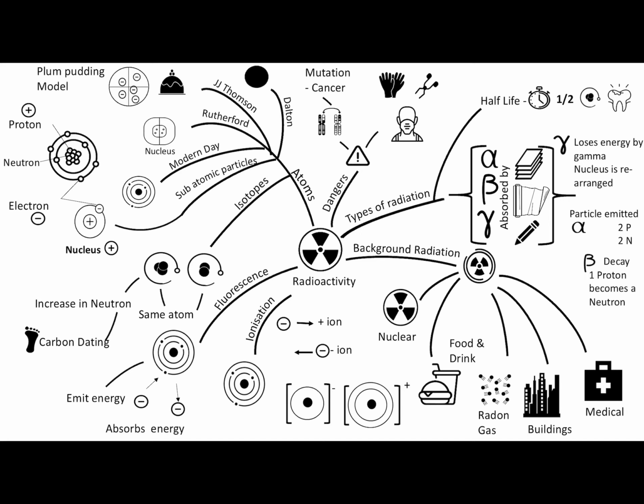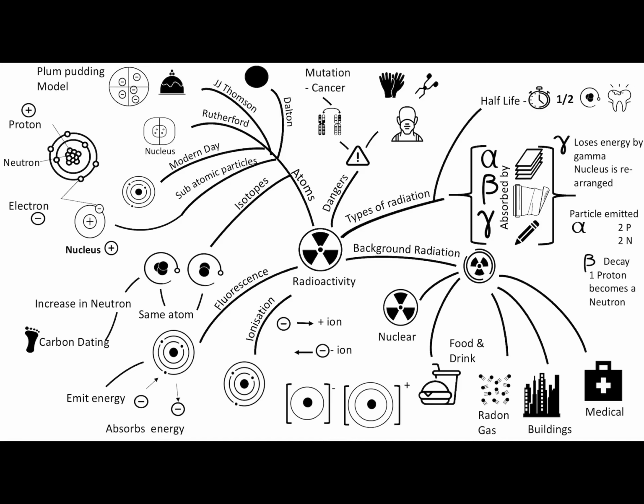What I'd now like you to do is to look at your mind map, and we've got a lot of information on this mind map. There's lots of different symbols, lots of different words that you need to know. So study it for 5 minutes, and then once those 5 minutes are up, take your second sheet of paper and from memory, don't look at the original sheet, write down as much as you possibly can.